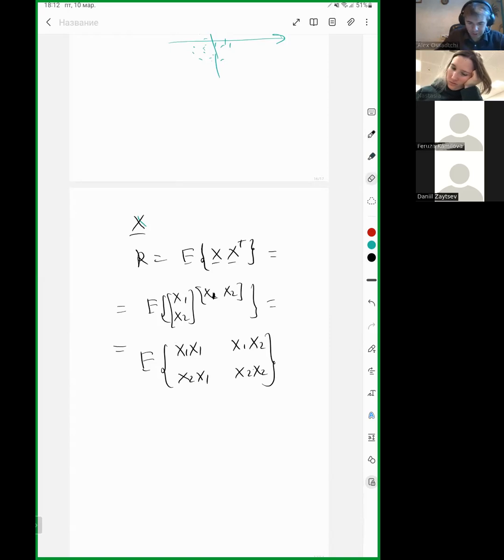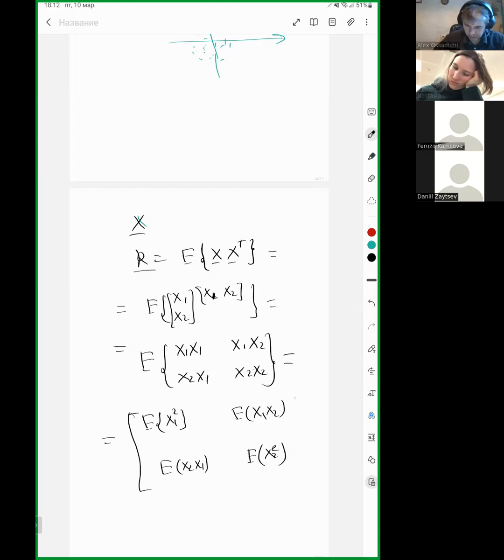This is basically the covariance matrix of your x. You can write it as x1 squared, x1 x2, x2 x1, and x2 squared.